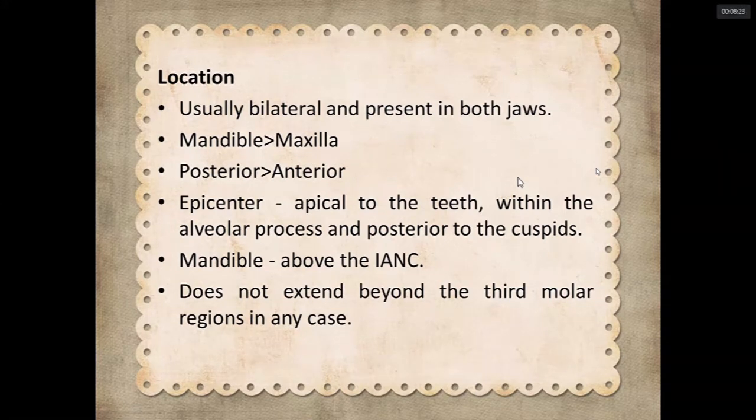And in the mandible, it is always seen above the inferior alveolar nerve canal and does not extend beyond the third molar region in any case. It is always limited till the third molar region.